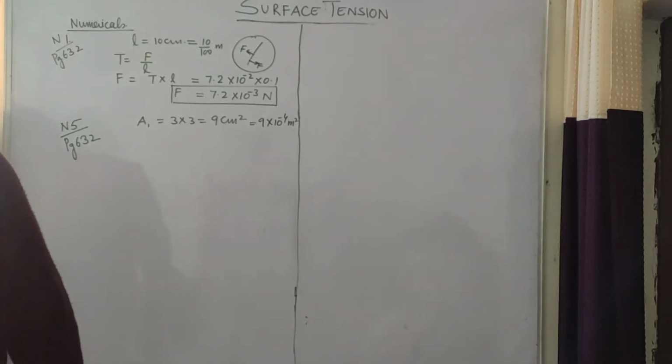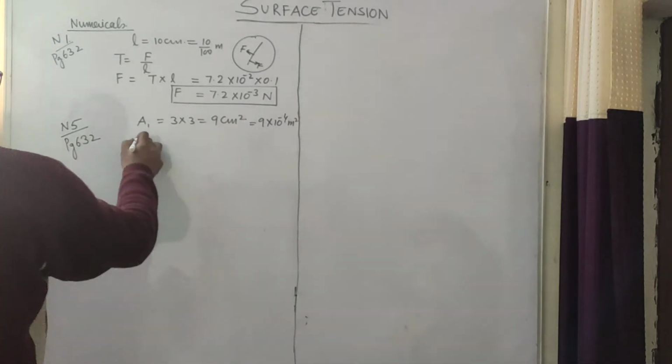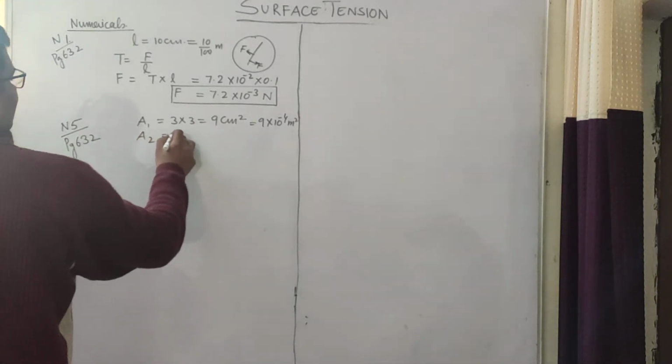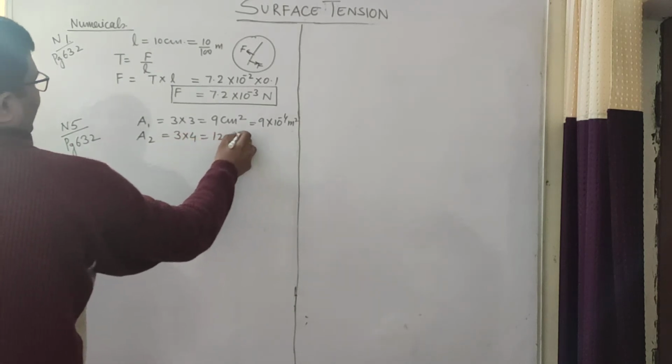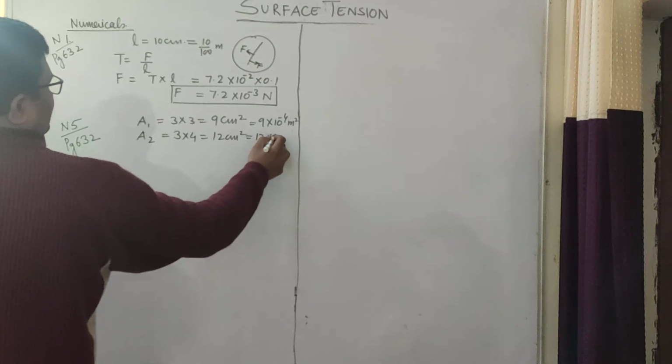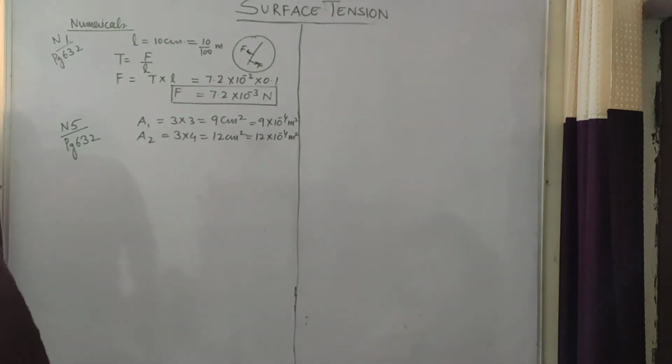Find the work done when the size of the frame is changed to 3 into 4. Now the area is increased and this is 3 into 4, so it is 12 centimeters square, 12 into 10 to the power minus 4 meters square. This is also given. You need to find the work done.